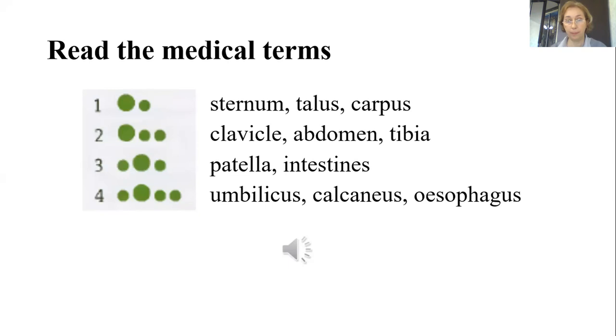Clavicle, abdomen, tibia. So this is abdomen. You see, the stress is on this level, okay? And Yasmin, group 3, please. Patella, intestine. And Abdelrahman, group 4 is for you. Umbilicus, calcaneus, esophagus. Okay, good.